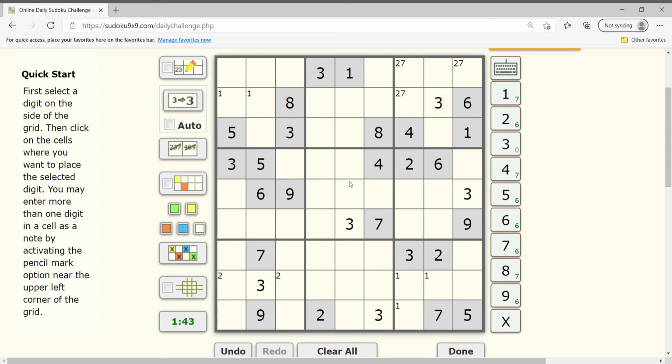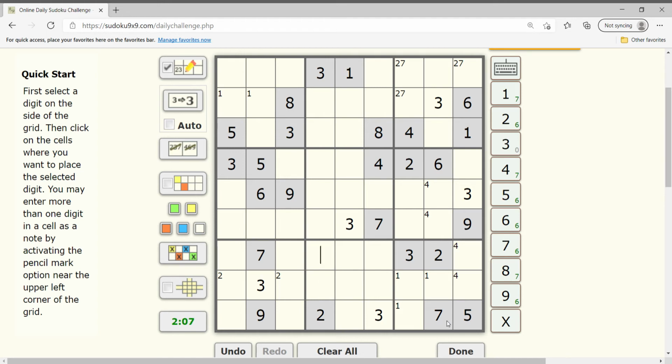4. So let's take a look at 4. Okay, so I will enter 4s over here, right? In these 3 cells. But, oh, actually, sorry, 4 is vertical here, right?